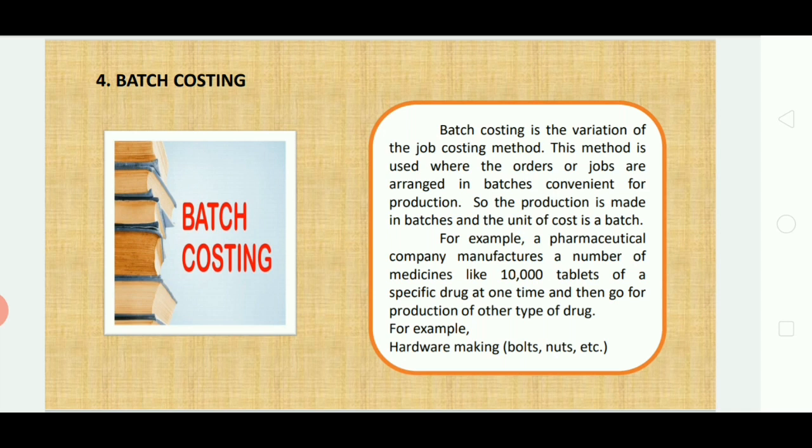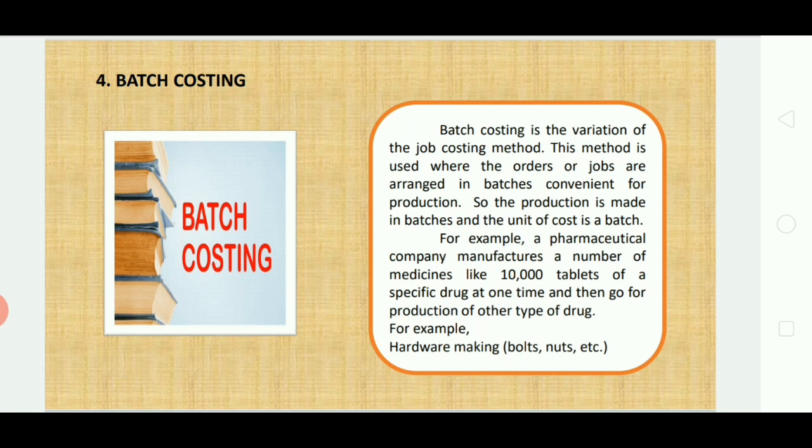After completion of the production of one type of medicine only you can go for the production of another type of medicine. પછી જ તમે તમારી સેકન્ડ ટાઈપ ઓફ મેડિસિન છે પ્રોડ્યુસ કરો છો. અગેન એમના 10,000 યુનિટ્સની એક બેચનું પ્રોડક્શન થયા પછી you can go for the production of the third type of medicine. In short, here it is not easy or convenient for the manufacturer to find out the cost of a single tablet or a single unit.